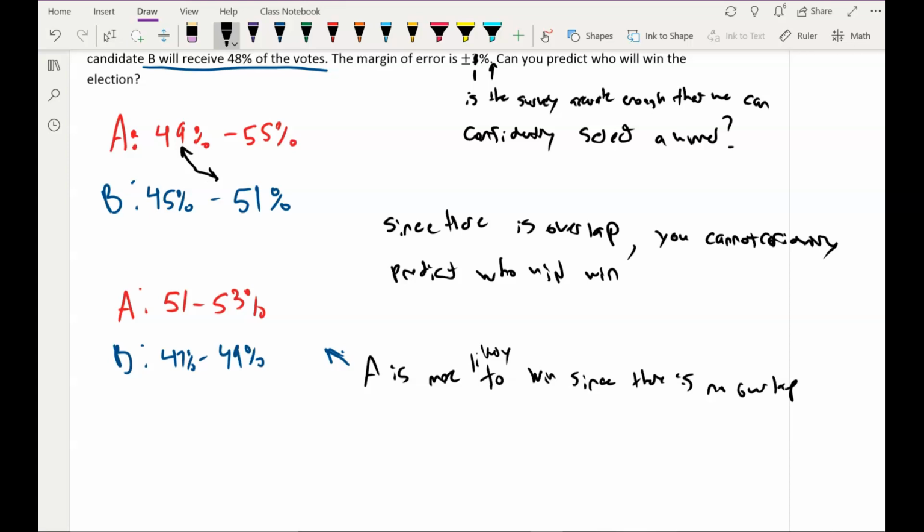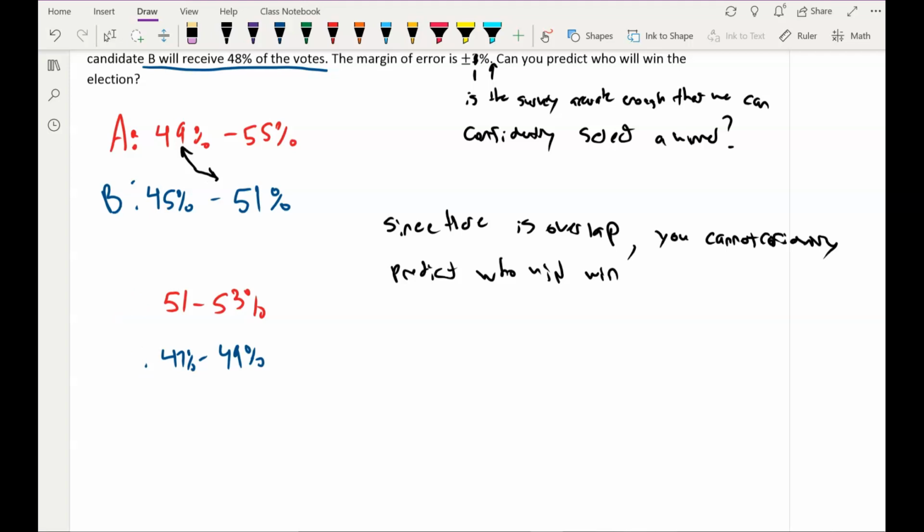A could be 49%, B could also be 49%. There's a couple places where there's a little bit of overlap. In this example here, there would be no overlap, so you could make a prediction. So keep in mind how that changes if there's overlap and if there's no overlap. If there's no overlap, you can be more confident about the prediction. If there is overlap, you can't really make a prediction. That's kind of the summary of this type of problem.